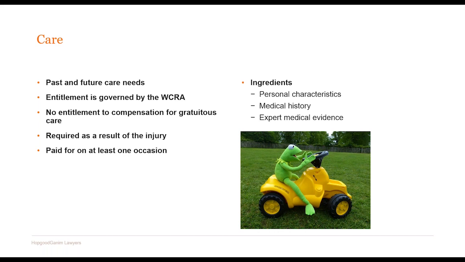There's no entitlement to a loss for care where it relates to gratuitous care, that is care that's provided for free. So typically we might see a husband who is injured and he says, well, I used to do pre-injury, I used to do the mowing and the gardening and wash the car, and those jobs have been taken over by my wife or my child or my friend, and they do those things for me for free.